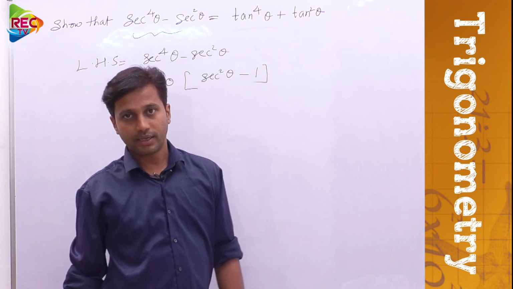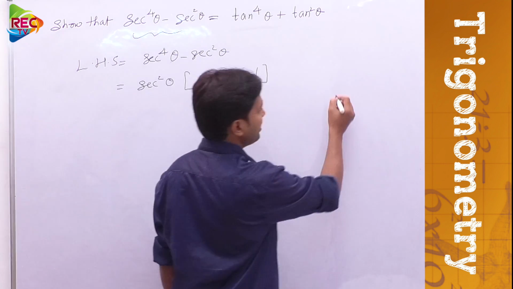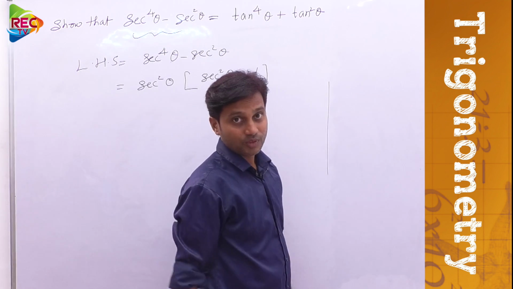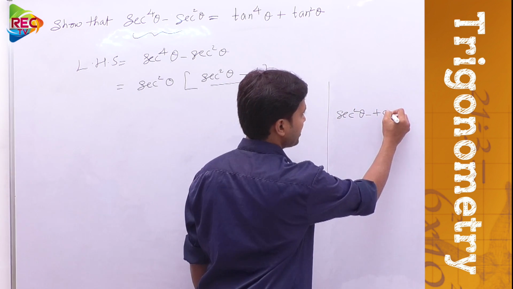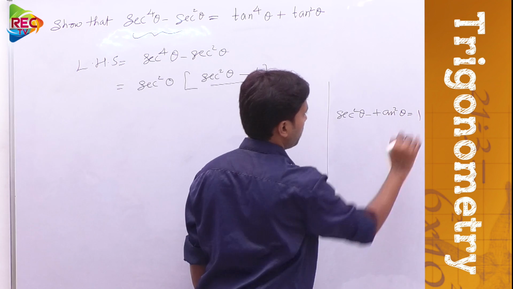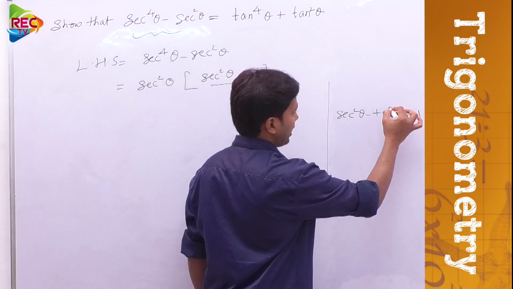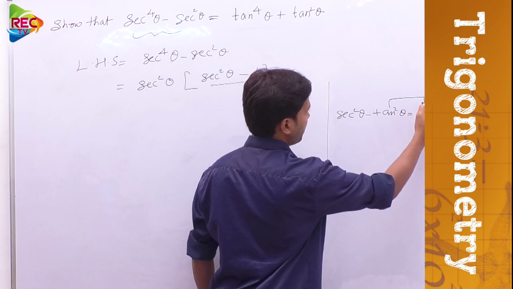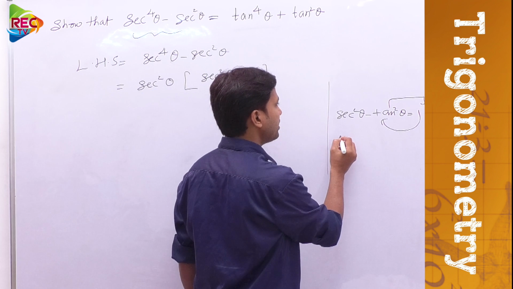Anyways, now to solve this part inside the bracket, again consider an identity. What is that identity? Secant square theta minus tan square theta equal to 1, right? Now do one thing, replace this tan square theta to the other side and this 1 to this side. Then what happens?